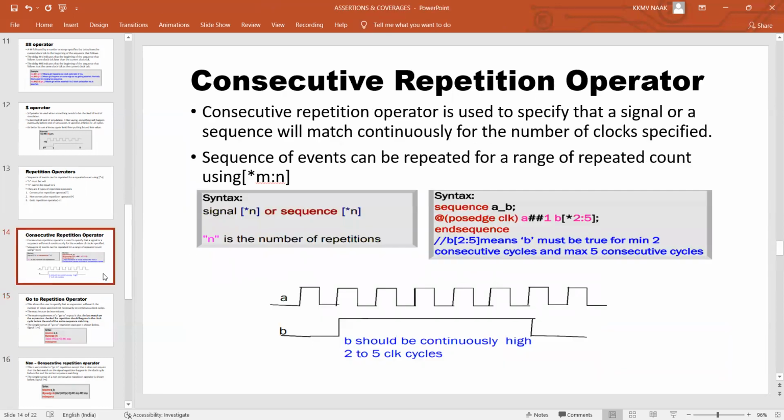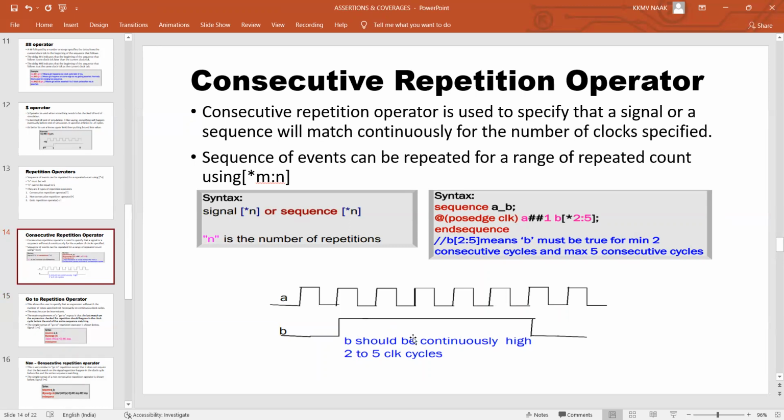With the consecutive operator, it should be continuously high for 2 to 5 clock cycles, a minimum of 2 and a maximum of 5, and that too continuous. Whereas with the go-to repetition operator, the signal is not mandatorily continuously high.